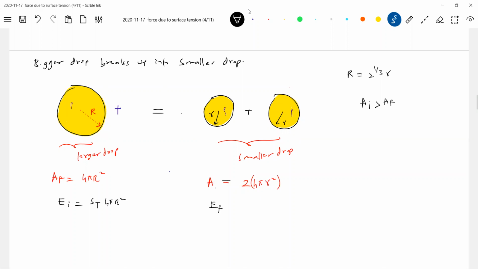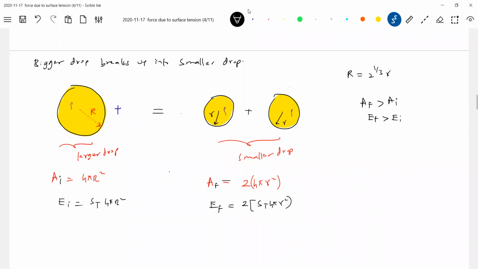Final energy should be equal to 2 into surface tension into 4 pi R square. If I check it, AF will be greater than AI. EF will be greater than EI, surface energy.